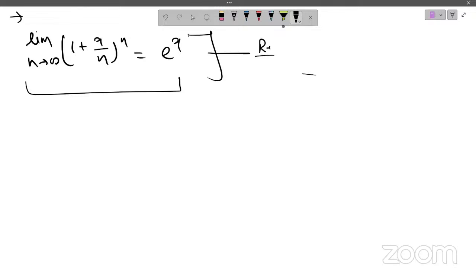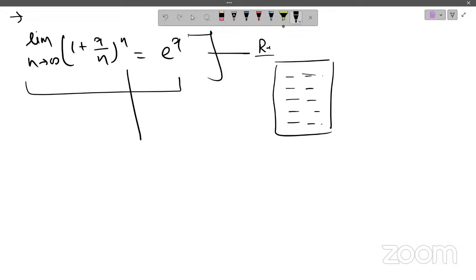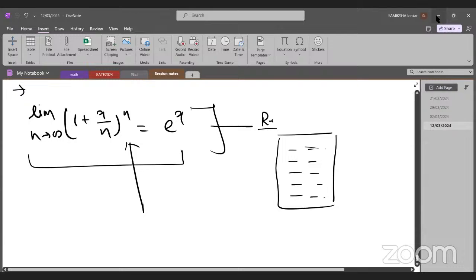Just make a list of all those standard limits and put it on the wall or just remember it. If you want the precise list, you can go to the book called Calculus by Thomas or something. I will put it in the chat box. They have given some limits which are important.